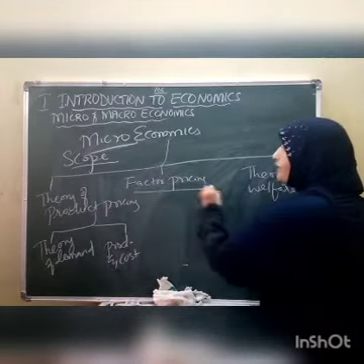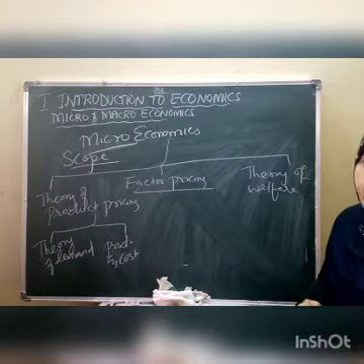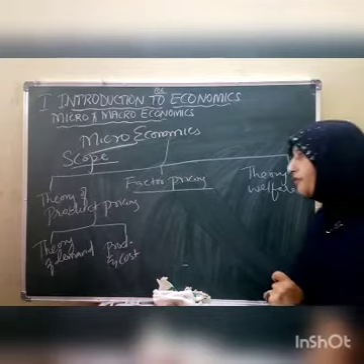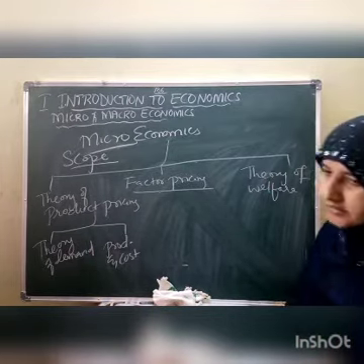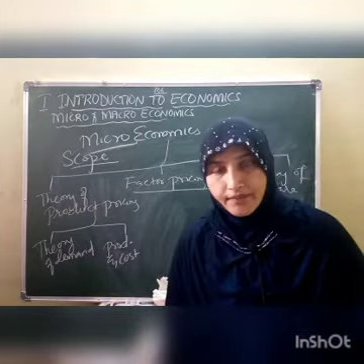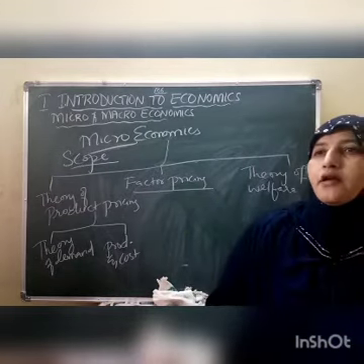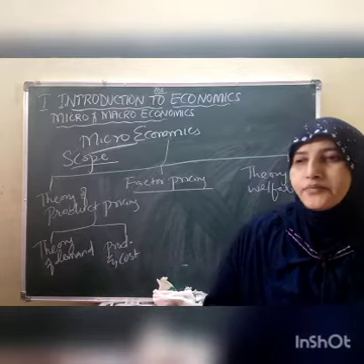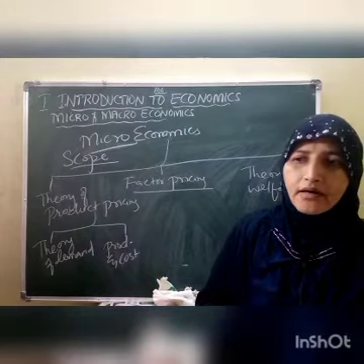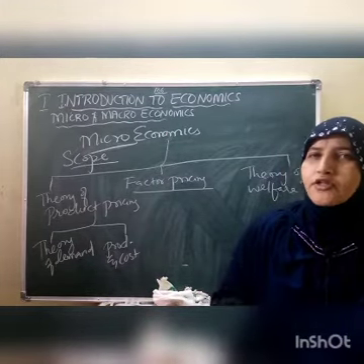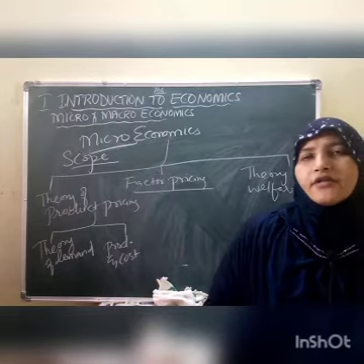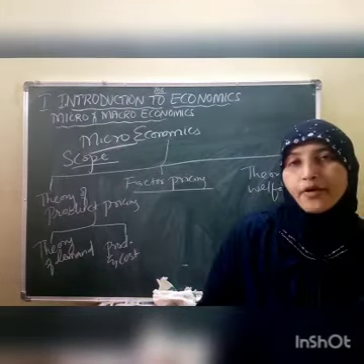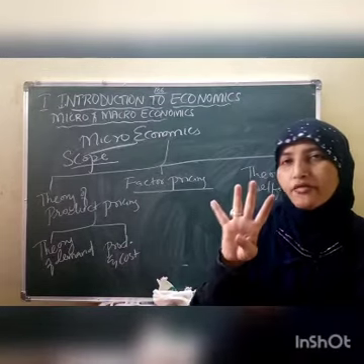Then what is the second one? Theory of factor pricing. Factors. Children, in your 10th class, I think in the third chapter, production and employment development, we discussed the 4 factors of production.